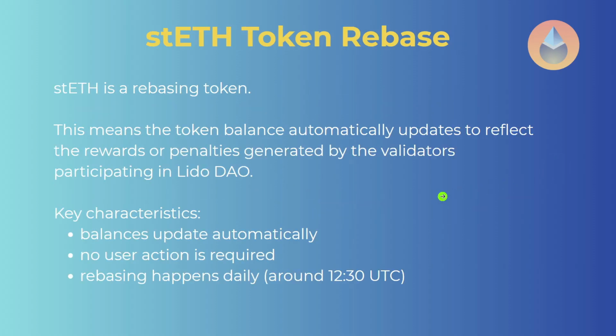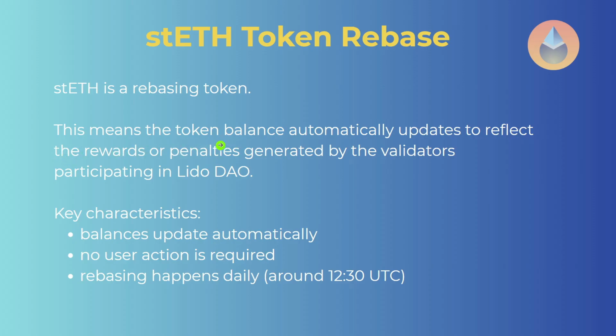So let's talk about stETH in more detail. stETH is a rebasing token. This means that the token balance automatically updates to reflect the rewards or penalties. So the balance is changing. Maybe I start, as we said, with 1 ETH. After a year, I have 1.1 stETH, for example.